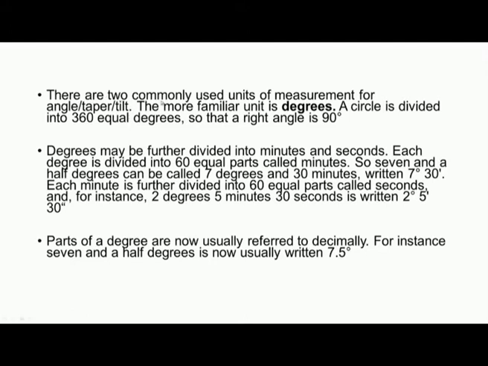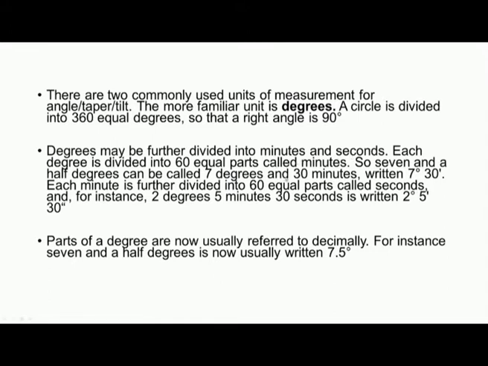tilt and taper are normally measured in terms of degrees or radians. That means there are two commonly used units of measurement for angle or taper or tilt. The more familiar unit is degrees. A circle is divided into 360 equal degrees, so that a right angle is 90 degrees. Degrees may further be divided into minutes and seconds. Each degree is divided into 60 equal parts, each part is called a minute.